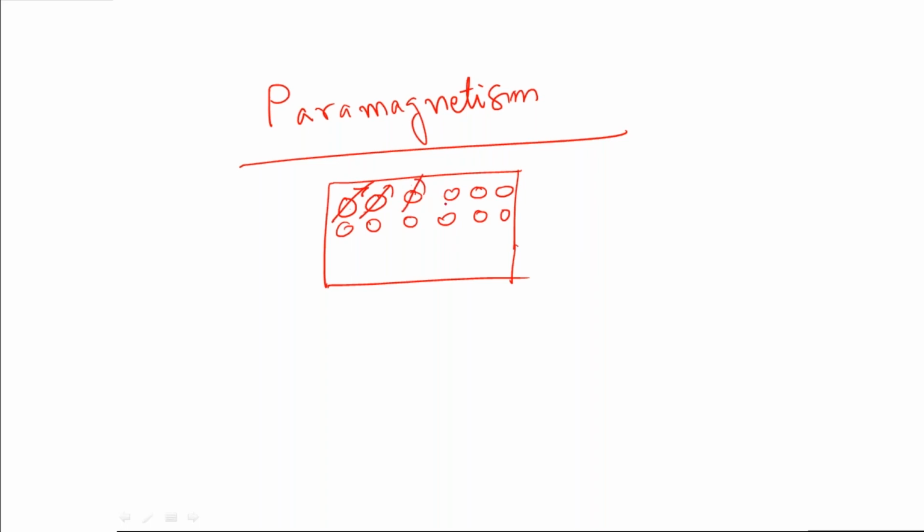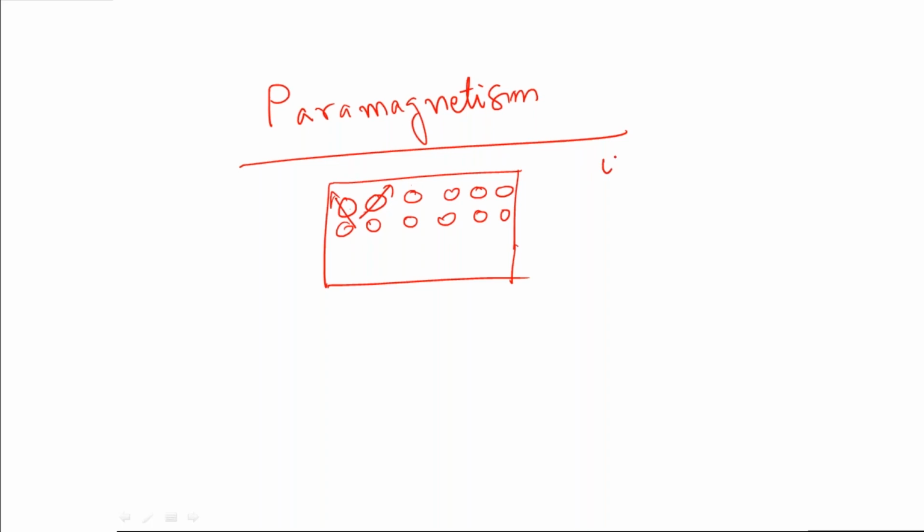Inside paramagnetic material there are atoms. Obviously in any material there will be atoms. So in paramagnetic material the atoms have their net dipole moment.